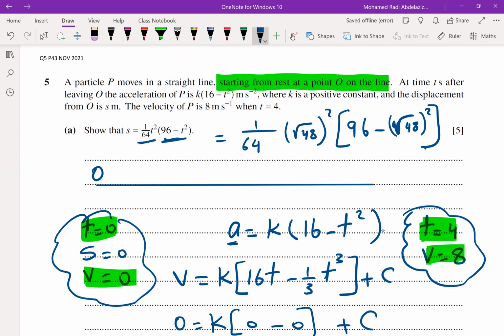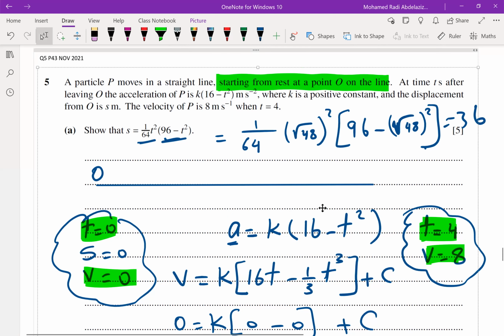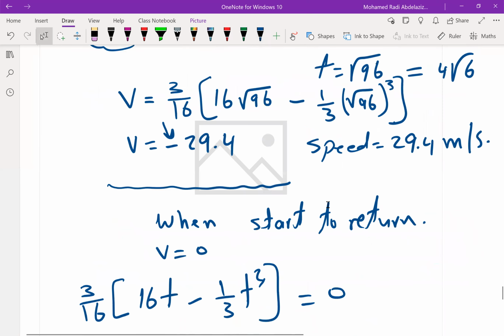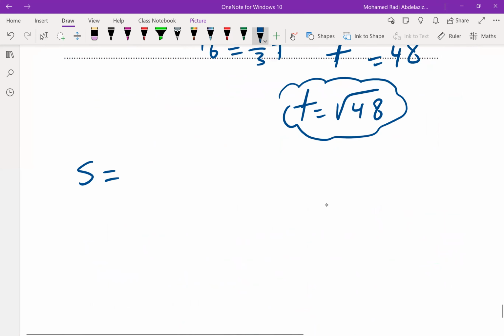Now we'll calculate this value: 1/64 times square root of 48 all to the power of 2, open bracket, 96 minus root of 48 squared, close the bracket. So you will get the final answer 36. This is the maximum displacement when the particle starts to return. So the final answer has to be 36.